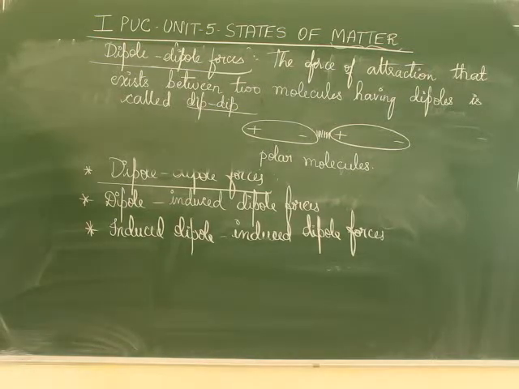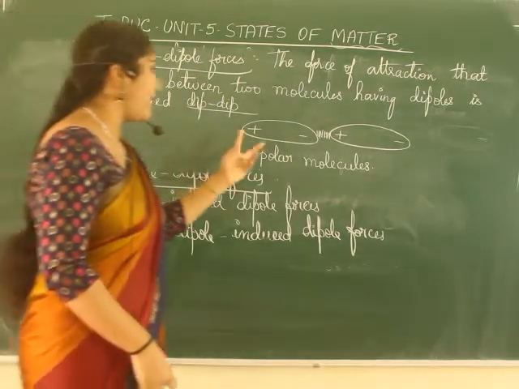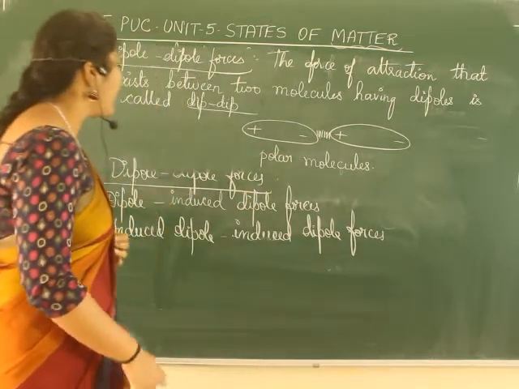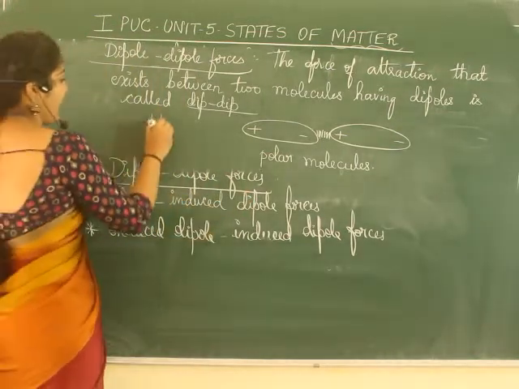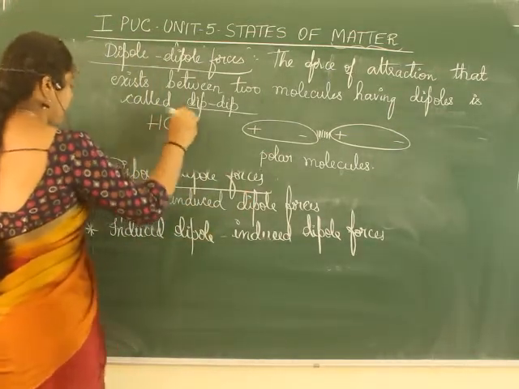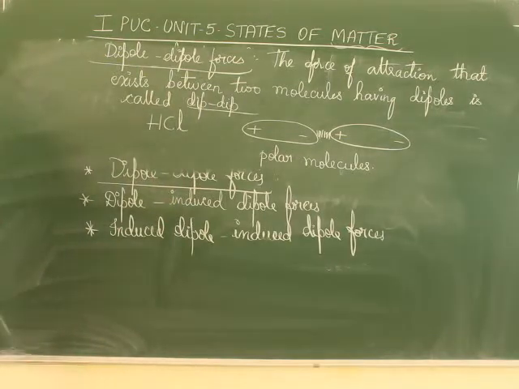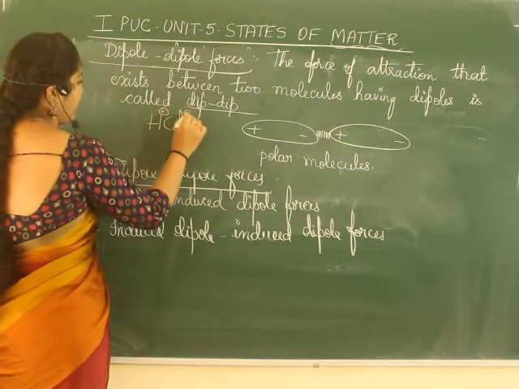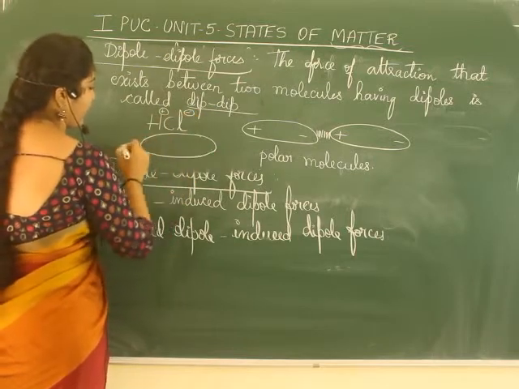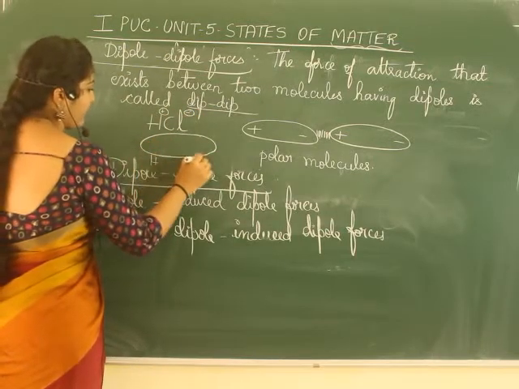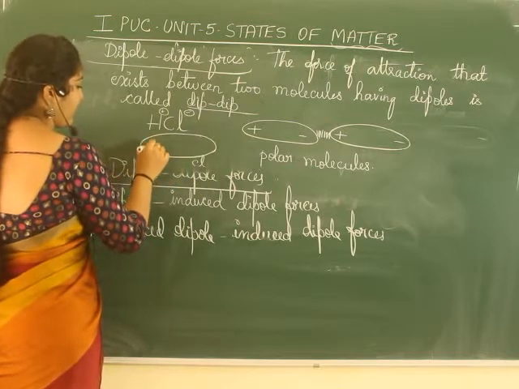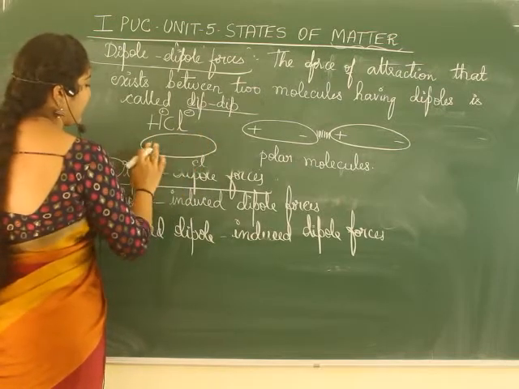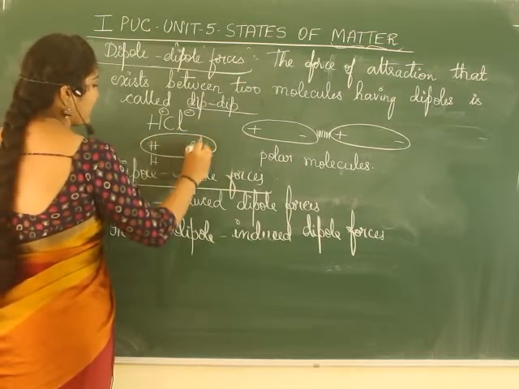One example let me give you. Since I was telling you plus and minus, one example is HCl. Here in HCl, H is a positive end, Cl is a negative end. This way it will be: here H, this is Cl, here plus, here minus. Otherwise let me write it this way, HCl.